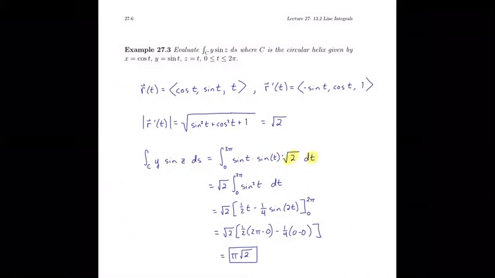And that's just root 2 times dt. Now, of course, this root 2 won't always work out to be a constant. It might sometimes be a function of t, but in this case, it's a simple constant.